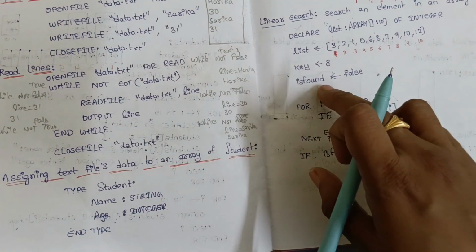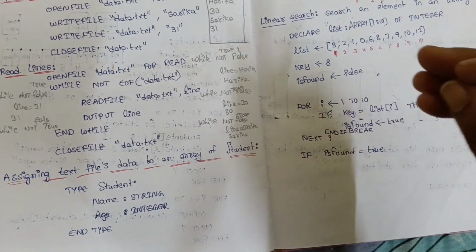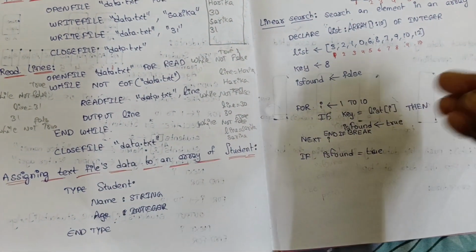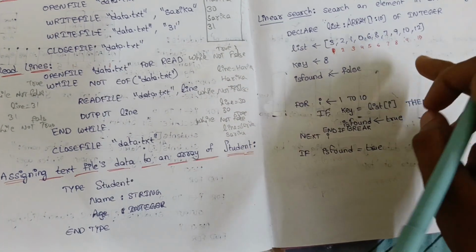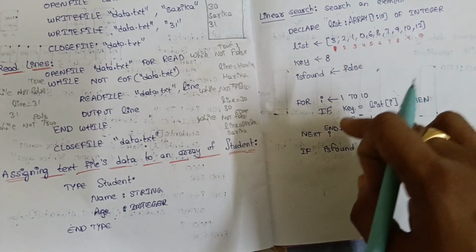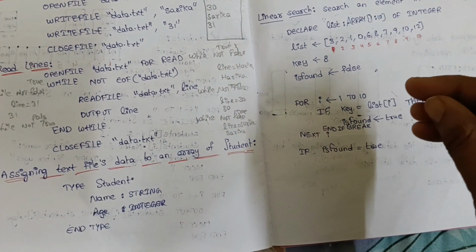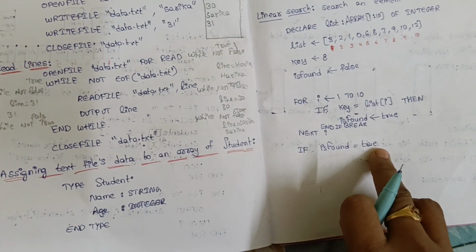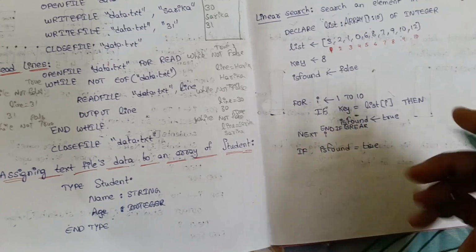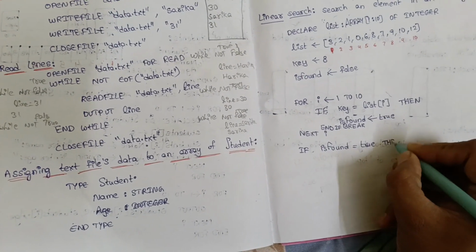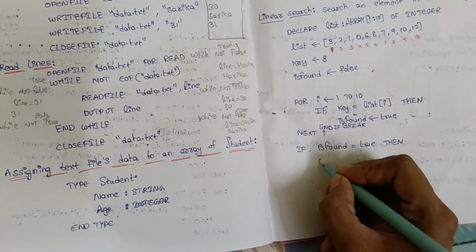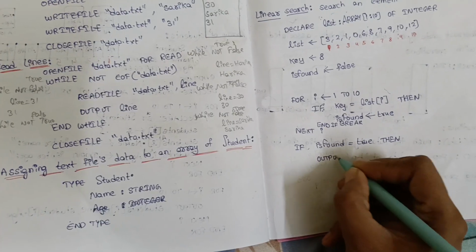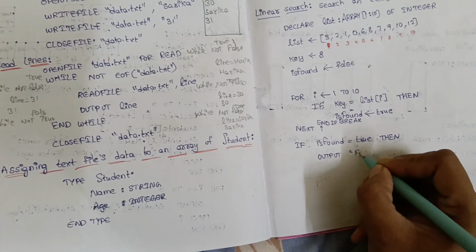That means is found will be false even after traversing the whole array. If that is the case, that means that key element is not there in the array. If is found is equal to true, that means we found it. Then we have to inform the user with the output found.